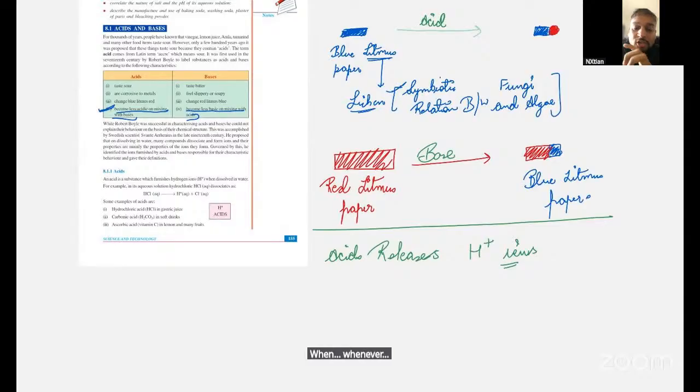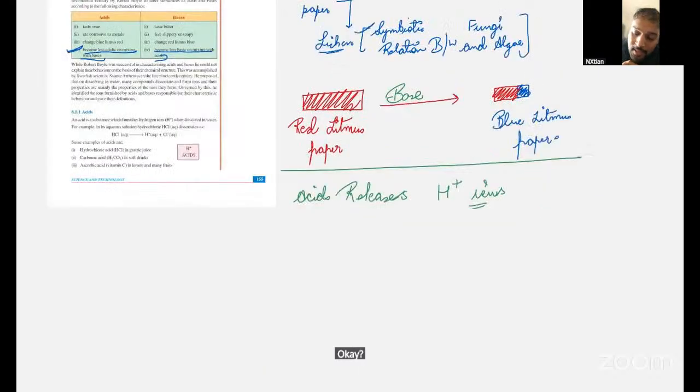Whenever H is written in front, like HCl, HNO3, H2SO4, or H2CO3, these are all acids, simple as that, because they have H.